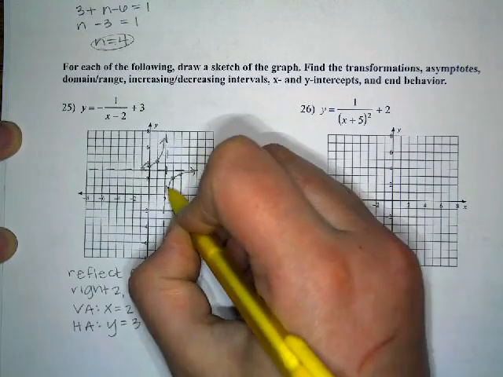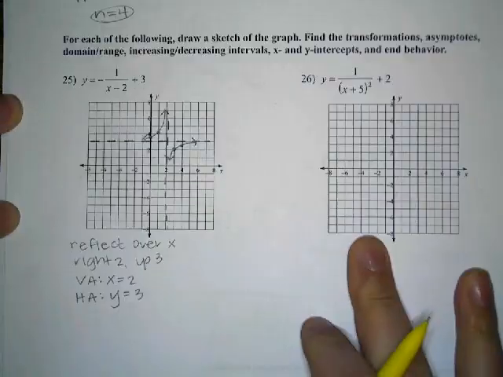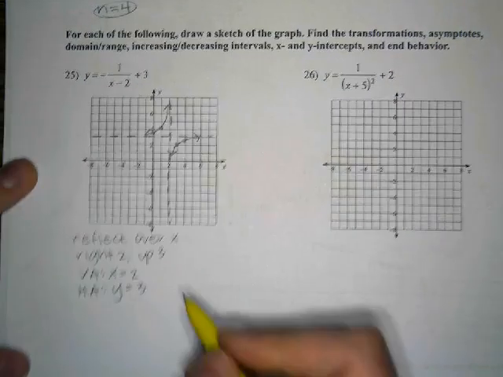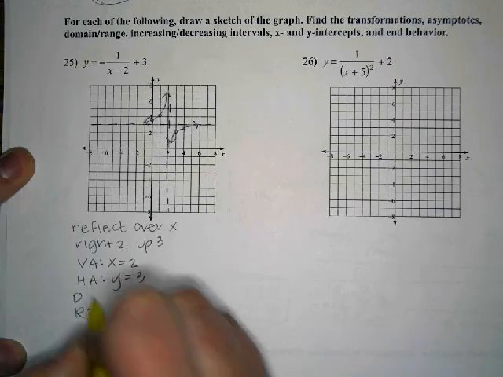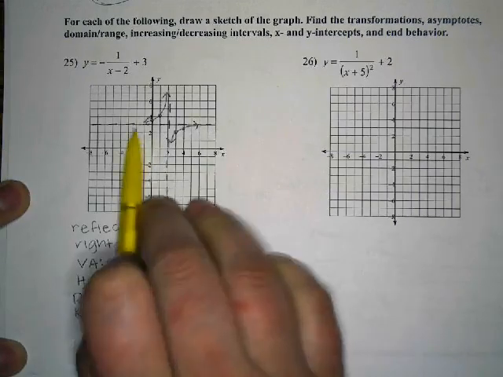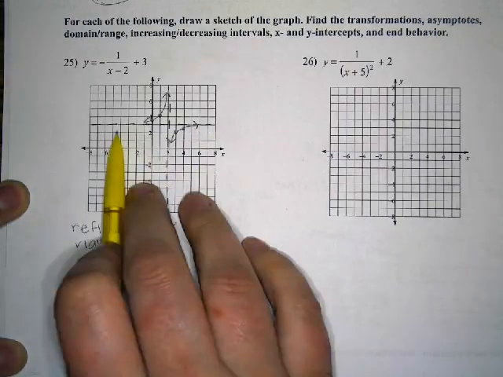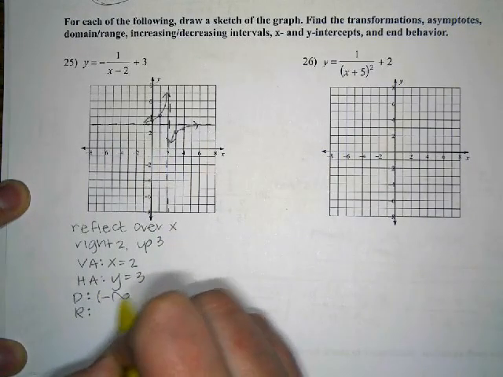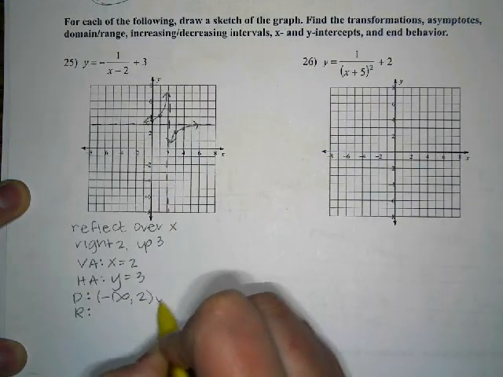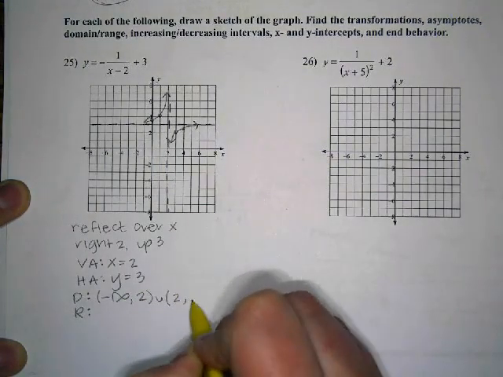Domain and range. From left to right, I'm going to have all of my values except for 2. So domain is negative infinity to 2, 2 to infinity. For up and down, I'm going to have all of my values except for 3.